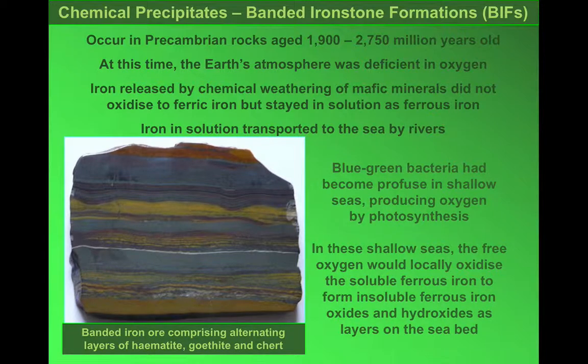Now that meant the iron could be transported to the sea by rivers, and it was only in the sea where we had some early photosynthesis occurring that this iron would change from a soluble ferrous iron to insoluble ferric iron oxide, and therefore it would be deposited on the seabed. So it'd be precipitated in the sea and deposited in layers on the seabed.